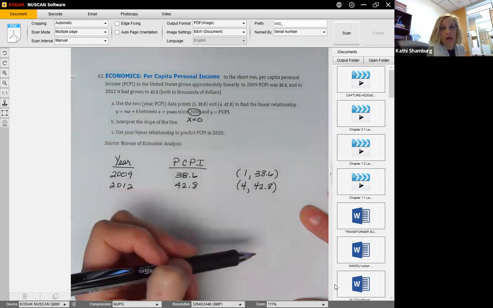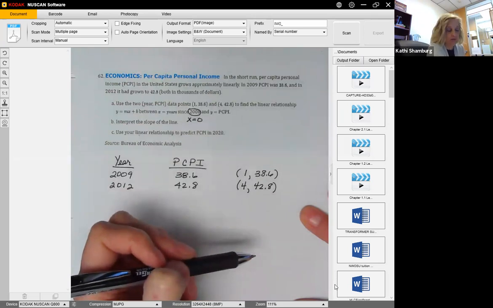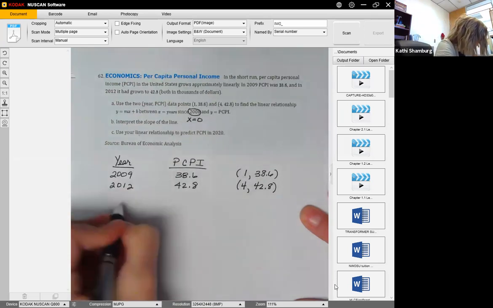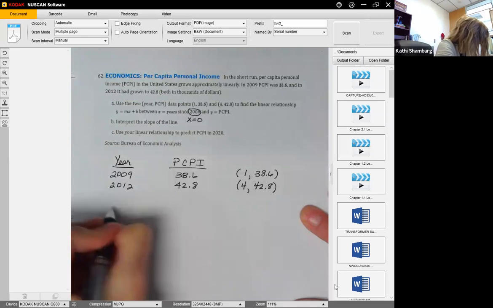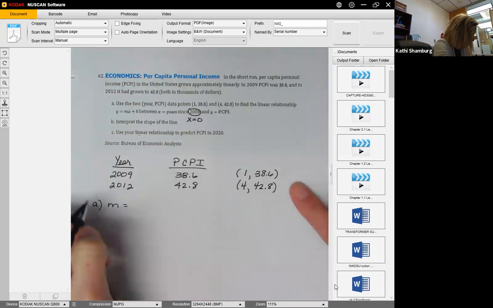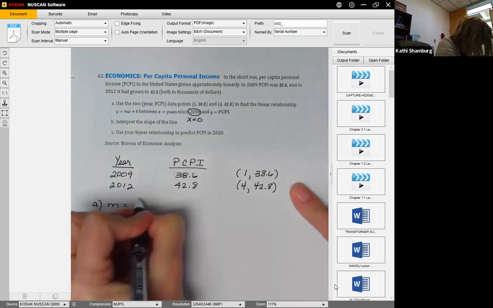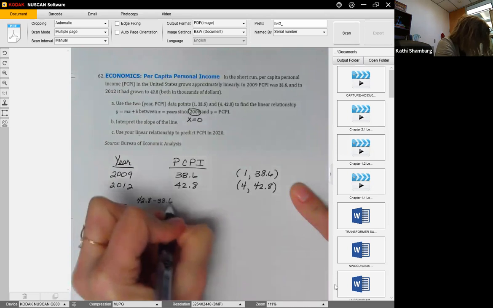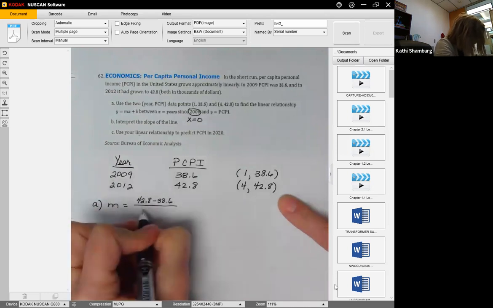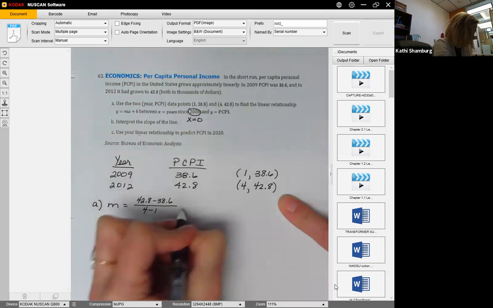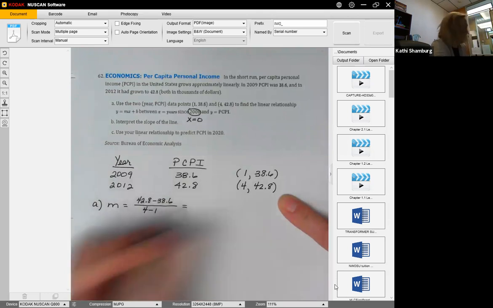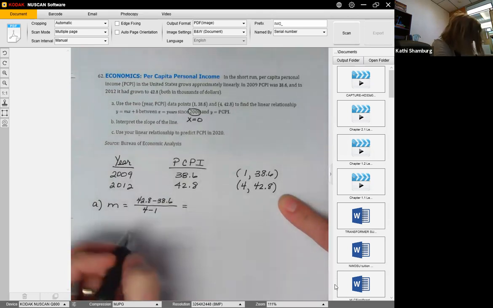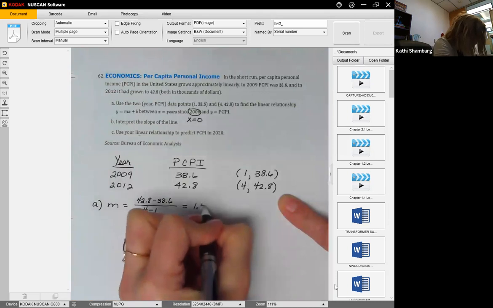I don't have the y-intercept though, so I'm going to have to use point-slope form. The first thing I want to do in part A is find my slope, which is the difference in the y's, 42.8 minus 38.6, over the difference in x's, 4 minus 1. And when you simplify that in the calculator, it comes out to 1.4.